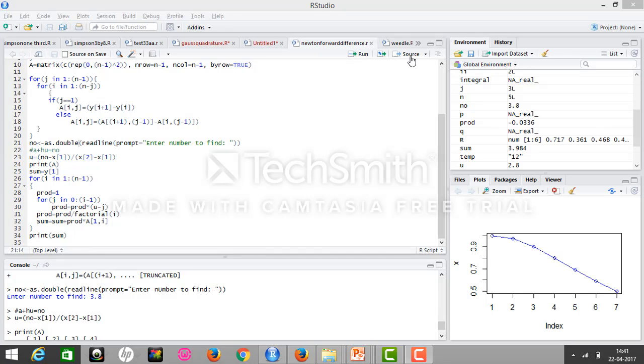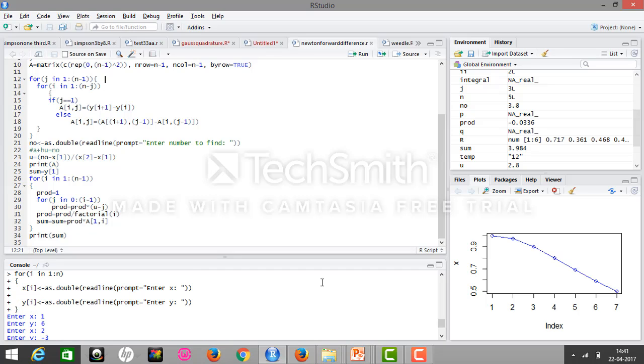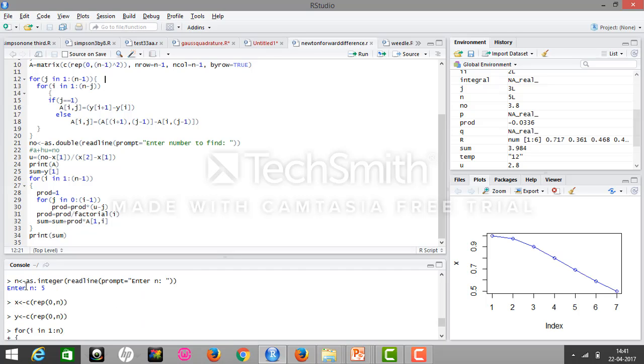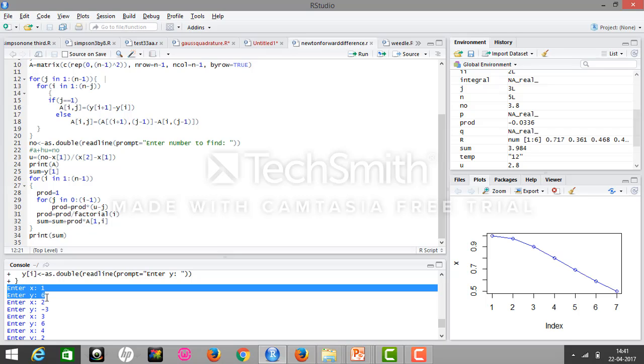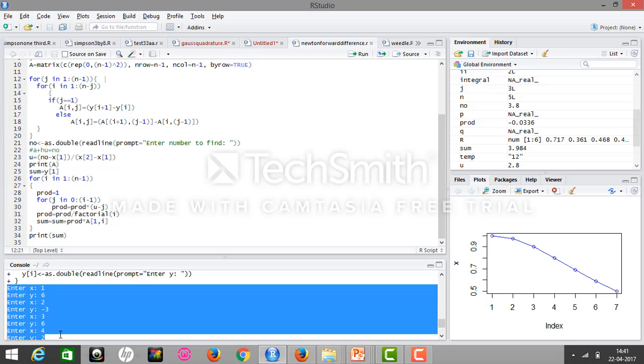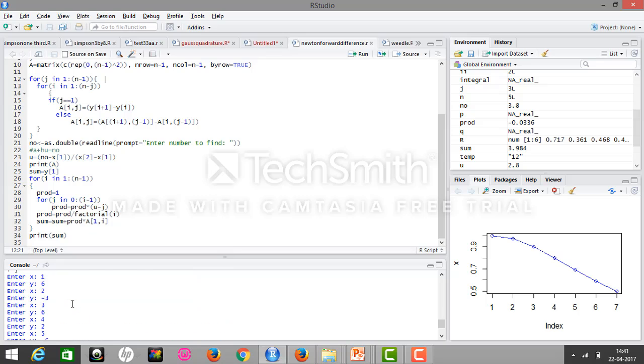So on sourcing this program, first it asks us to enter the value of n. We have entered it as 5. Then enter the values of x and y subsequently: 1 comma 6, 2 comma minus 3, 3 comma 6, 4 comma 2, and 5 comma minus 6.